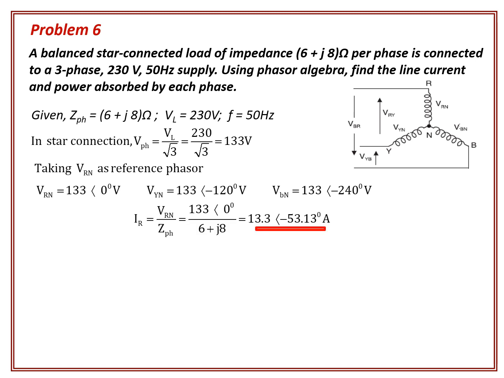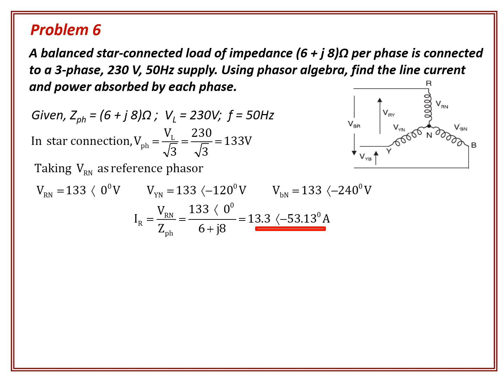The phase current in R phase, IR, is equal to voltage in R phase divided by impedance of R phase. Voltage in R phase is VRN, impedance of R phase is Z phase. VRN is 133 angle 0, Z phase is 6 plus j8.